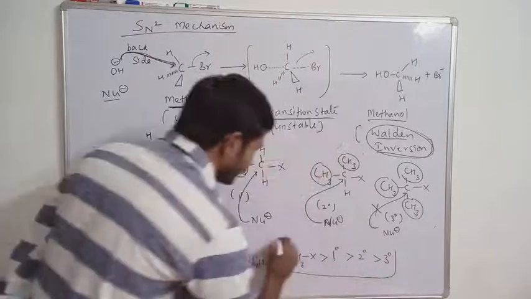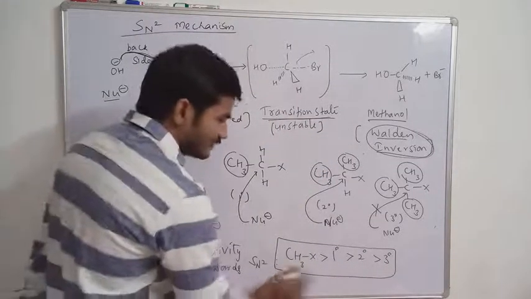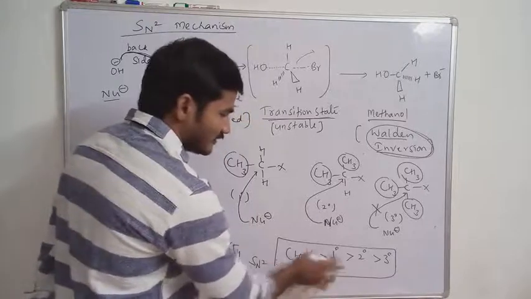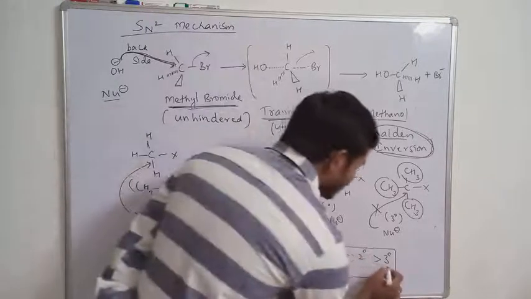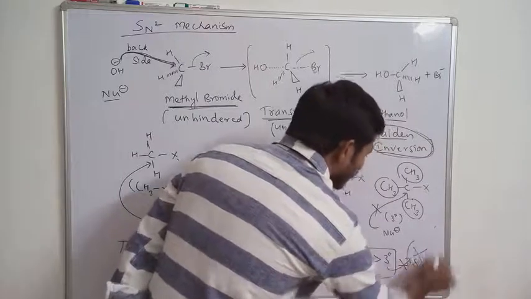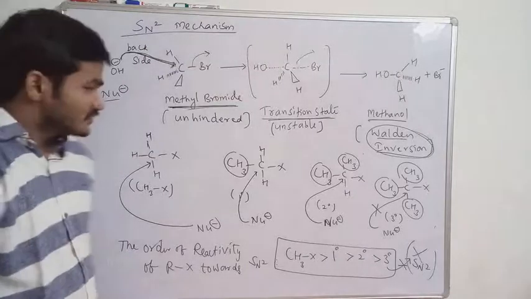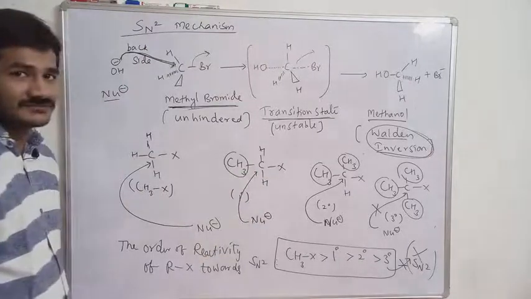This is a very important point. Methyl halides are more reactive than primary, then secondary. Tertiary halides will not be involved in SN2. There is no SN2 mechanism in the case of tertiary alkyl halides. So this is the order of reactivity of alkyl halides.